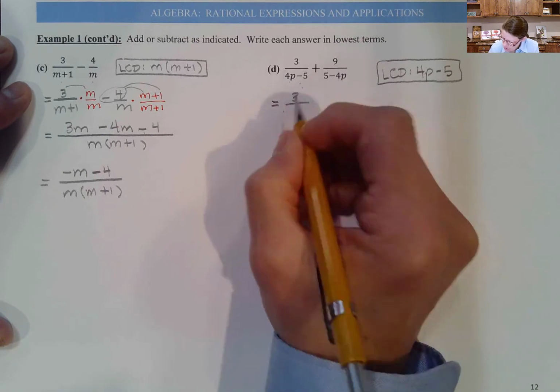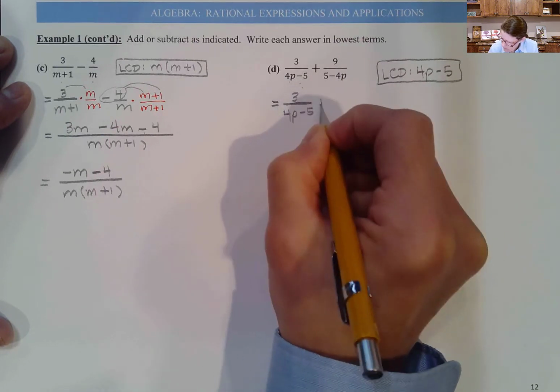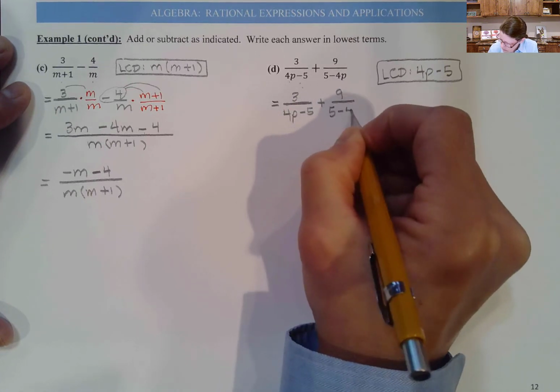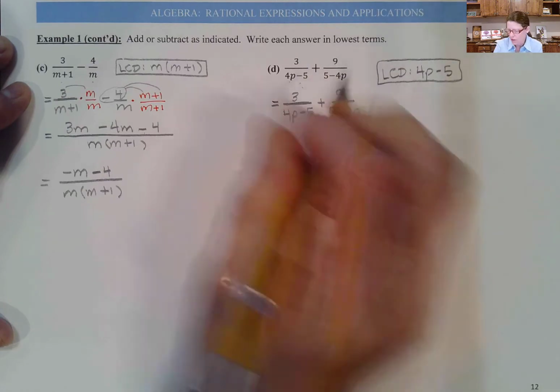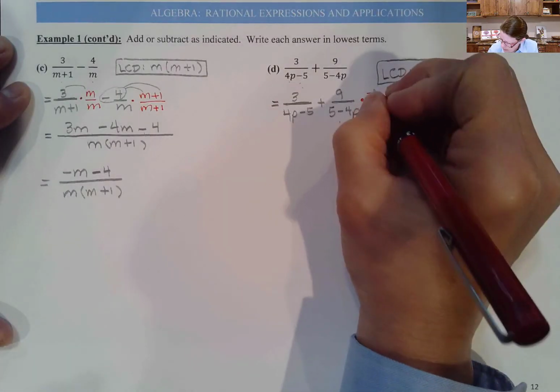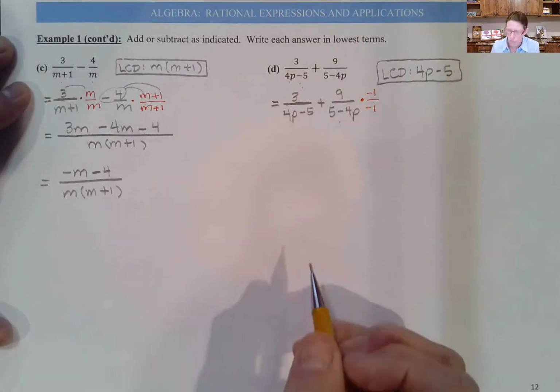Our first fraction is as we want it. It's got the desired denominator, but that second fraction does not. We need to change the signs in the denominator. So let's multiply the second fraction by negative 1 over negative 1.